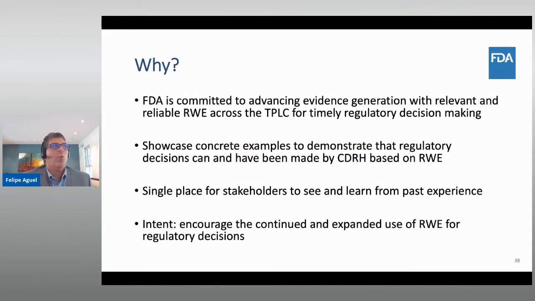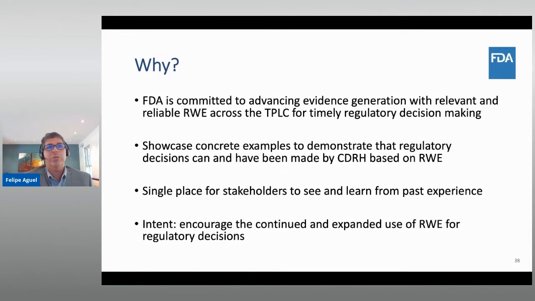So let's start with the why. Why did FDA decide to publish these illustrative examples? Well, first of all, FDA is committed to advancing evidence generation with relevant and reliable real-world evidence across the total product lifecycle for timely regulatory decision-making.